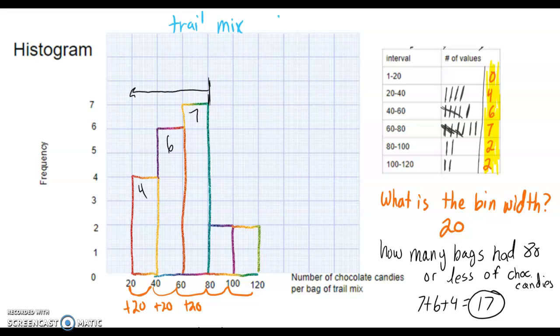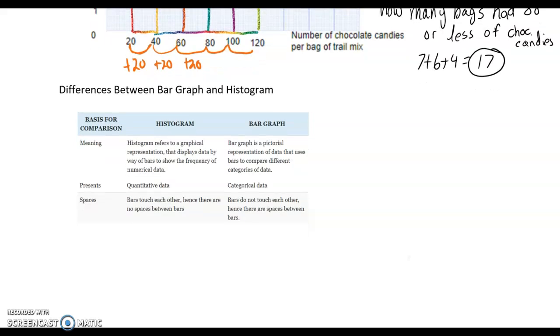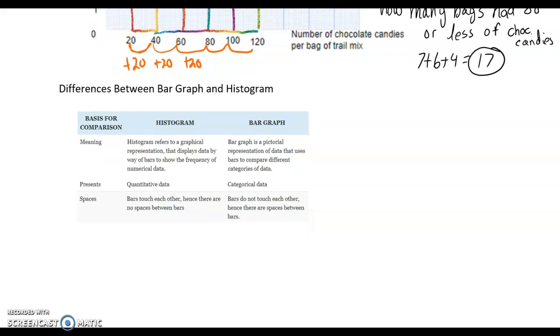Now, some of you might be a little bit confused because this kind of looks like a bar graph. Our bins aren't bars though. So here are some differences between bar graphs and histograms. This is just a basic comparison. Histograms refer to a graphical representation that displays data by way of bars.